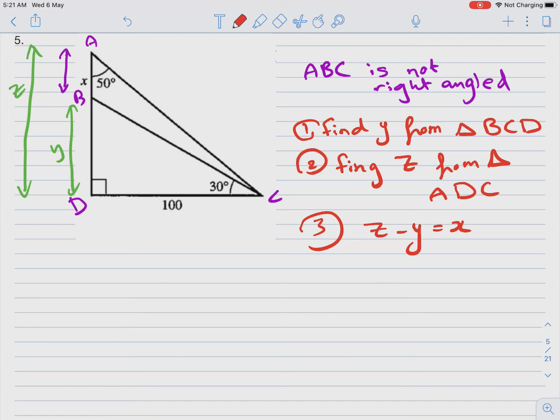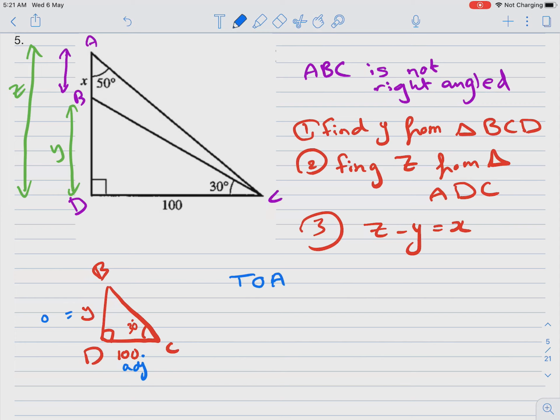Okay, so let's use triangle BCD. Here this is the 90 degrees, this is the 100, and I have here 30 degrees. I have two givens, so it's now easy to find the y. The y is the opposite, the 100 is the adjacent, so I will use tan.